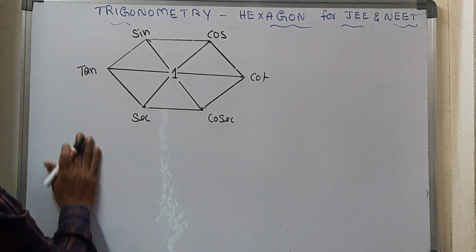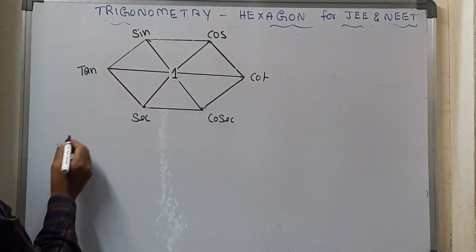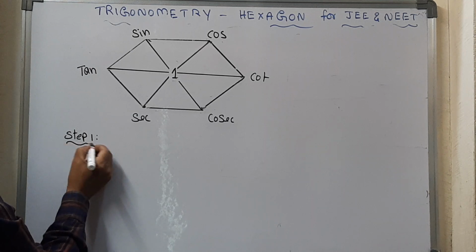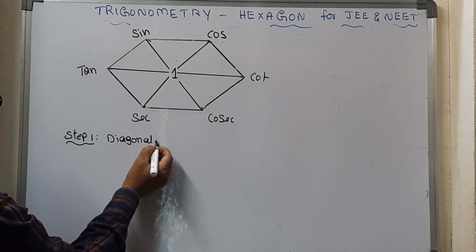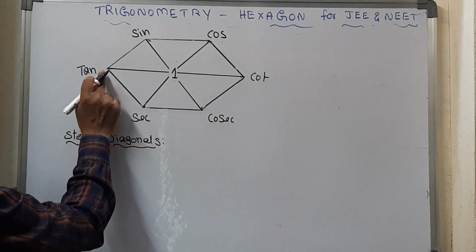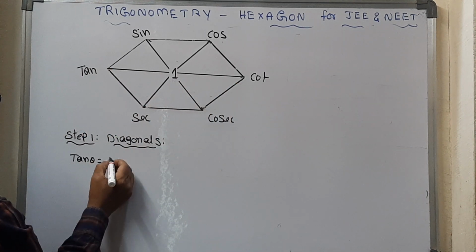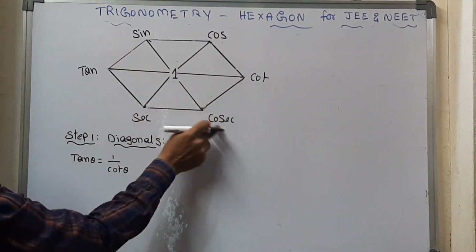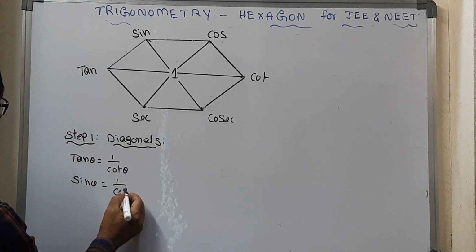First of all, let us take the diagonals. This is step 1. In step 1, how many formulas can we see? From the point of view of the diagonals, tan and cot: tan theta is equal to 1 by cot theta, reciprocal we can take, and sin theta is 1 by cosec theta.